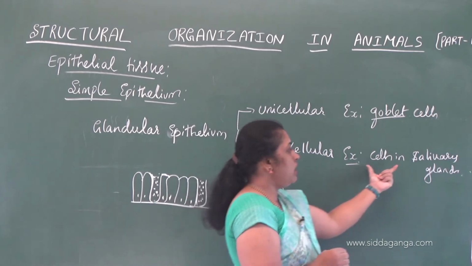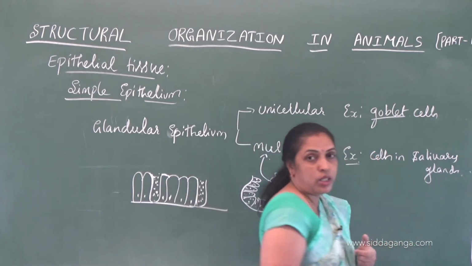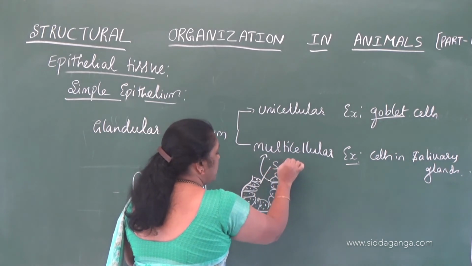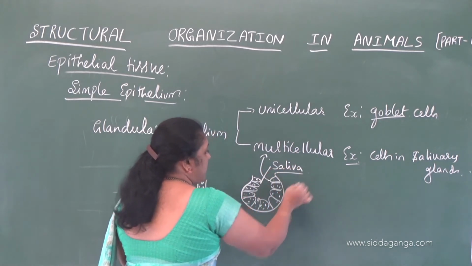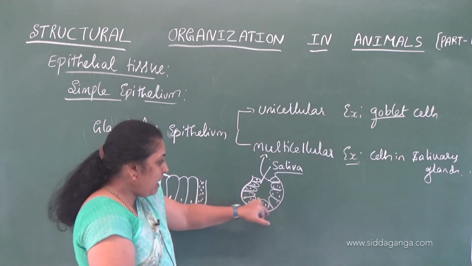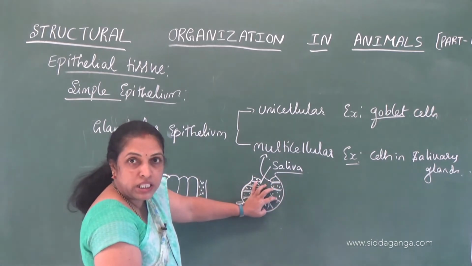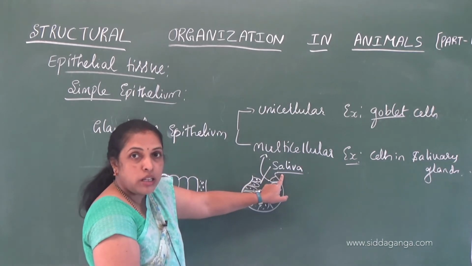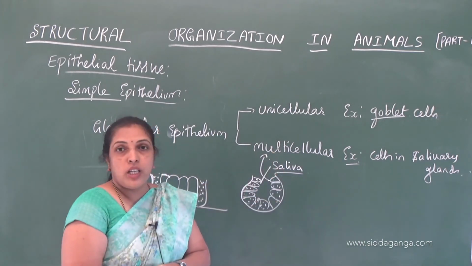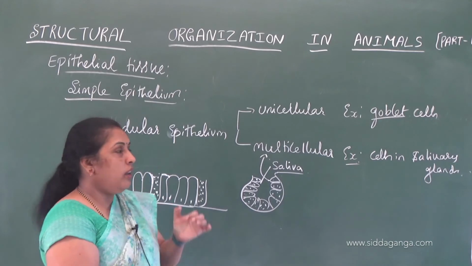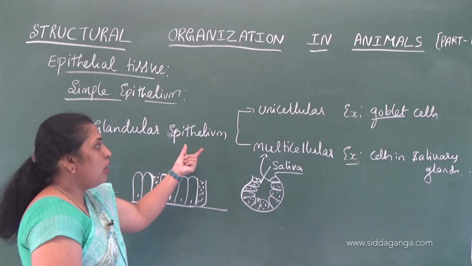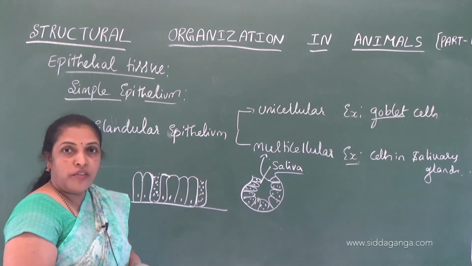For example, cells in salivary glands, where all the cells secrete saliva. That means all the epithelial cells in the salivary gland are modified for the secretion of saliva. That is an example of multicellular glandular epithelium. We can discuss this in detail, unicellular and multicellular, in our next class.